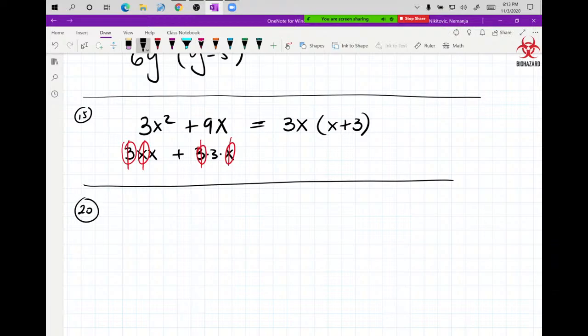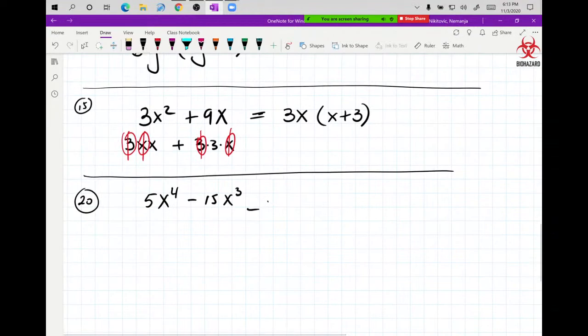The next problem will have 3 of these to worry about. Problem 20. It says 5x to the 4th minus 15x cubed minus 10x squared.